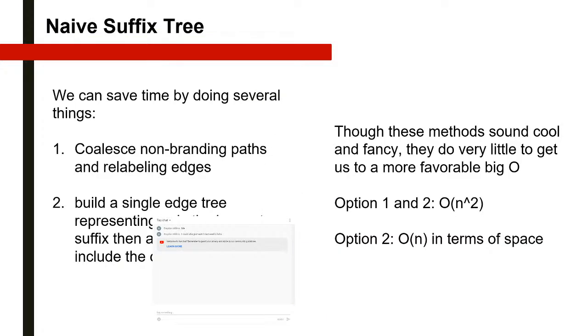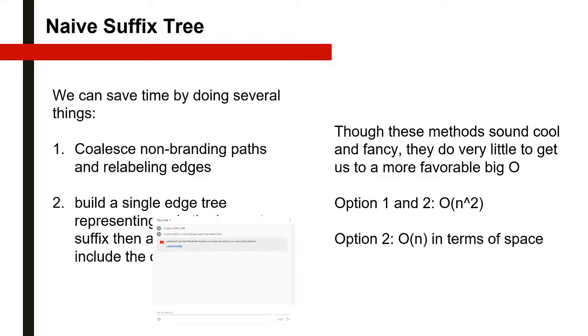So we want to move on to something a little bit more practical. One thing about the trie that's kind of stupid is that you could go through each individual letter, but you're wasting time doing that.